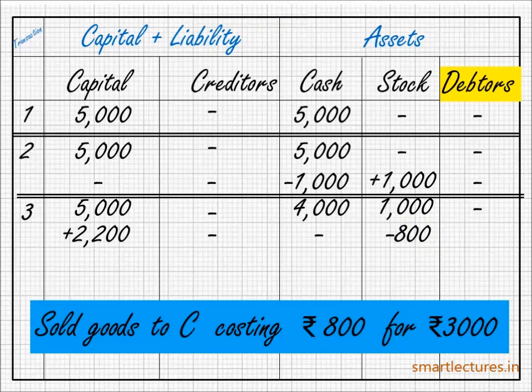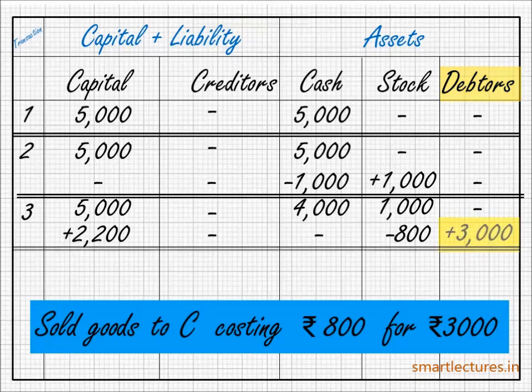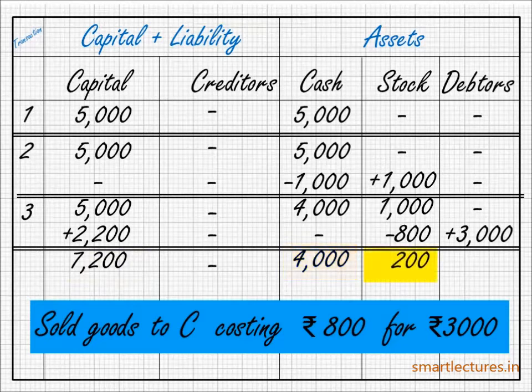The customer to whom we sell goods on credit and who promises to pay us in future becomes a debtor. And debtors is an asset for us because any money to be received in future is our asset. So in the assets column, there will be a new column, debtors, plus 3,000. So the new equation will be capital 7,200, cash 4,000, stock 200, debtors 3,000.